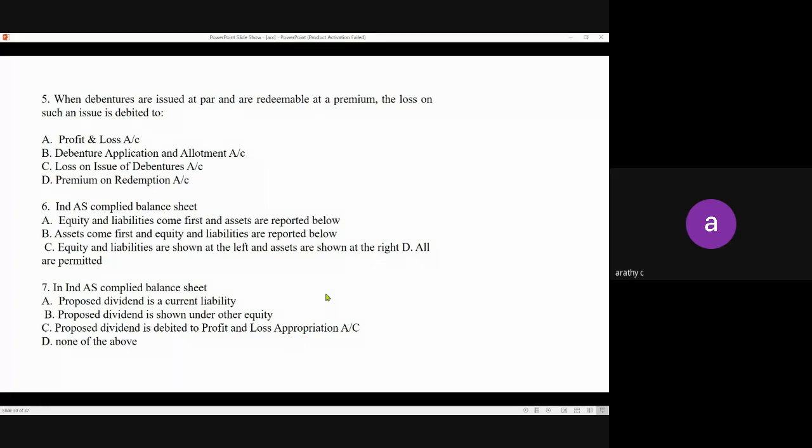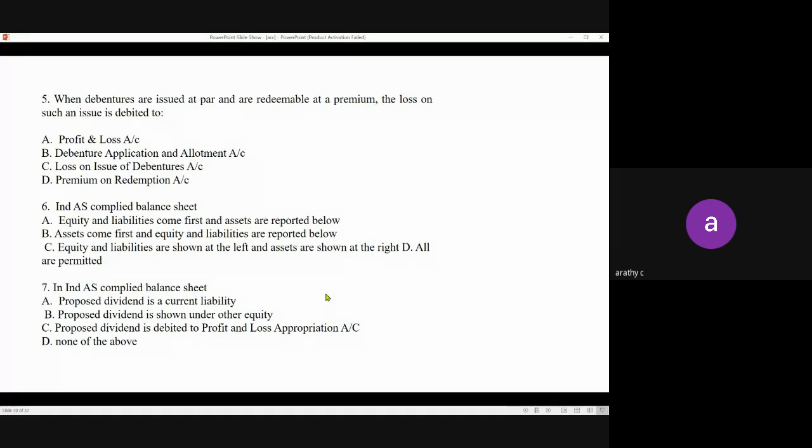The next question is in Indian Accounting Standard compiled balance sheet. The first is proposed dividend is a current liability. Proposed dividend is shown under other equity.